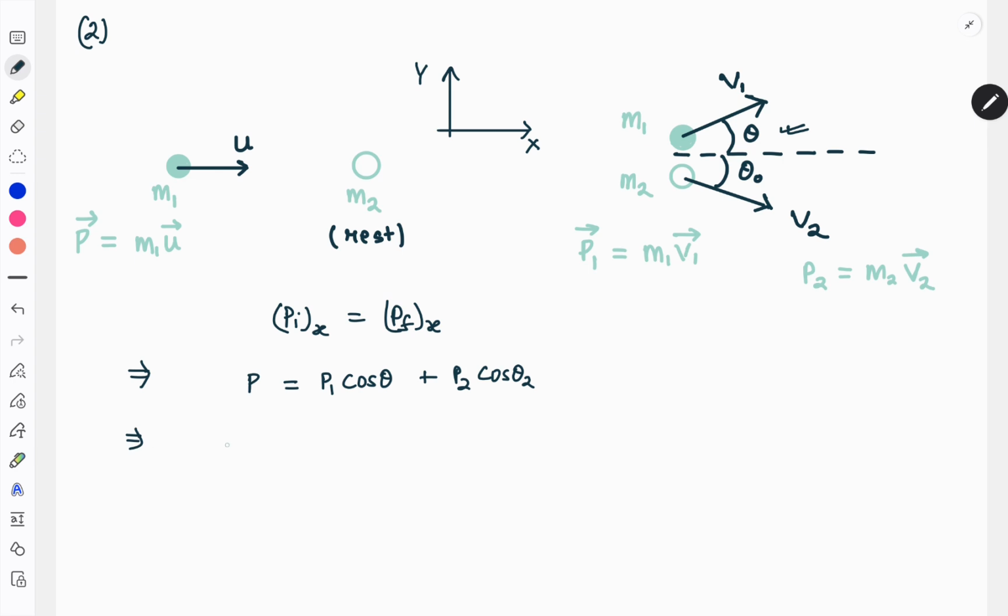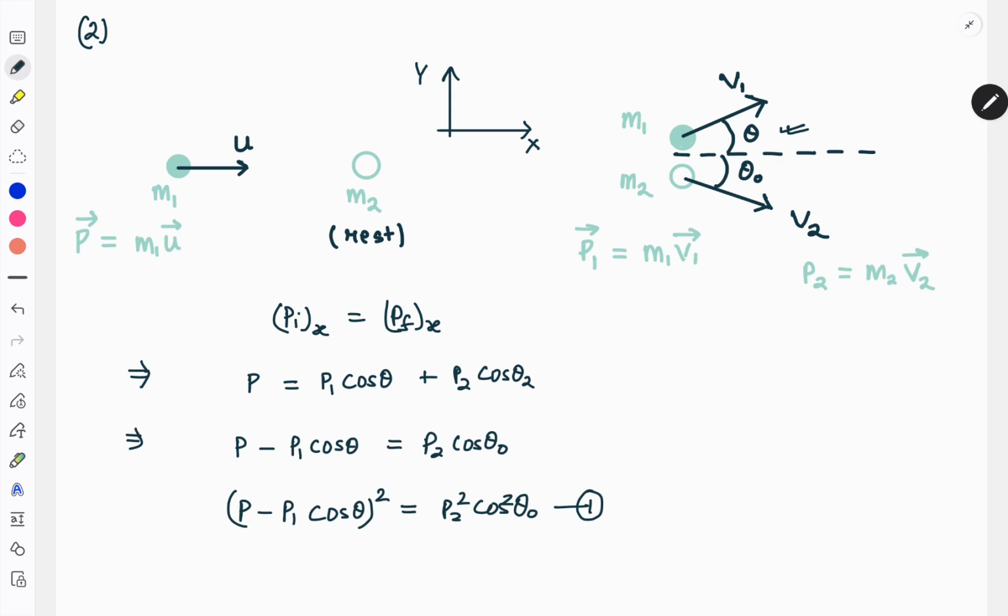Then we can write p minus p1 cos theta is equal to p2 cos theta naught, and squaring, p minus p1 cos theta squared is equal to p2 squared cos squared theta naught. This is equation number 1.